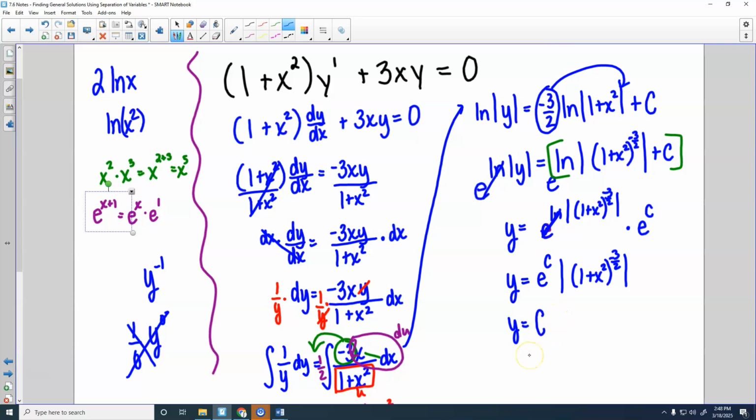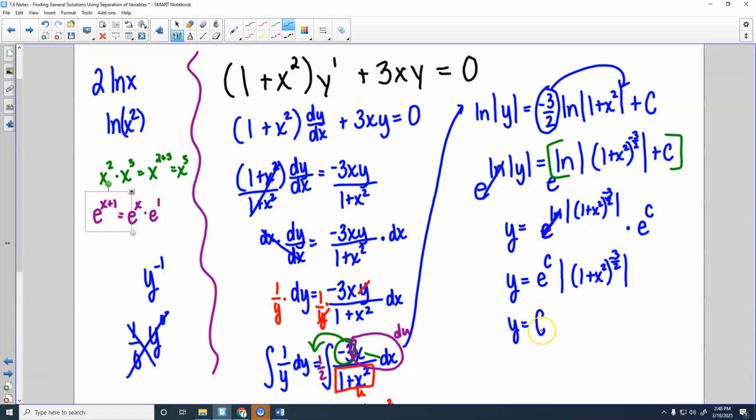And then that c can be positive or negative, correct? So these absolute value bars right here are much like having a plus or minus. It means that whatever is inside of it could be positive, and then it wouldn't change at all, or it could be negative, and then you change its sign. So absolute value bars act a lot like a plus or minus.